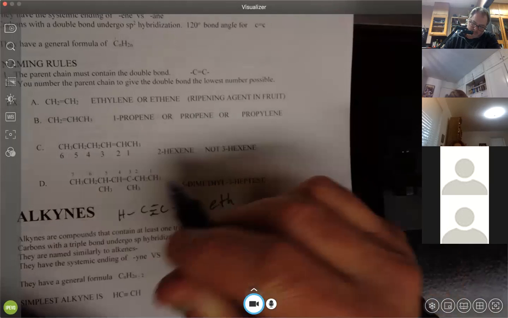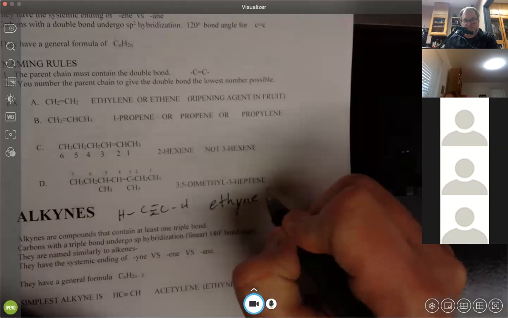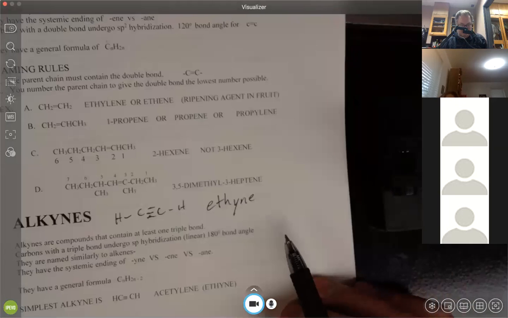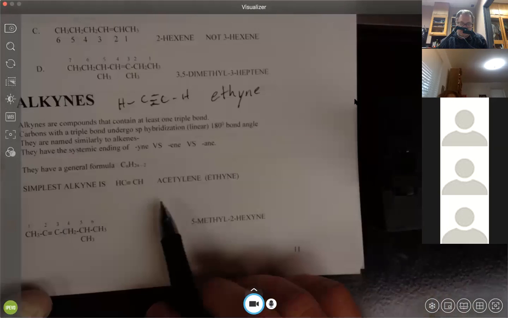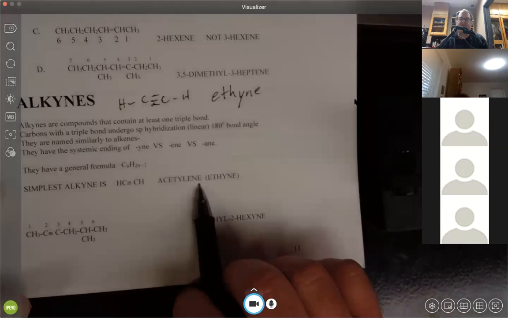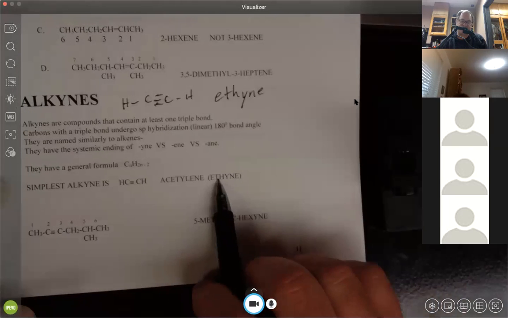Ethyne. Again, we don't need a number for this because there's no way that it can be anything different. This also has the name acetylene. You might have heard of that before, but for us, we're using the IUPAC name, which is ethyne.